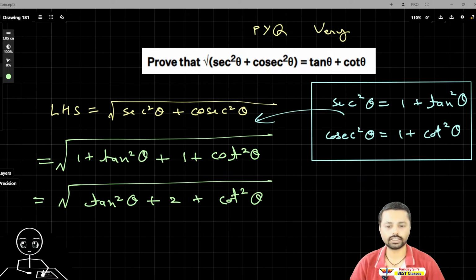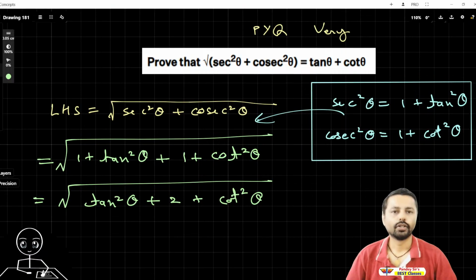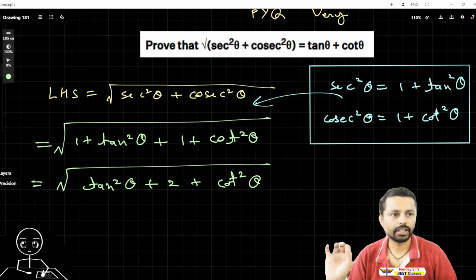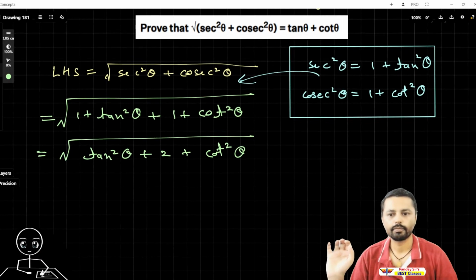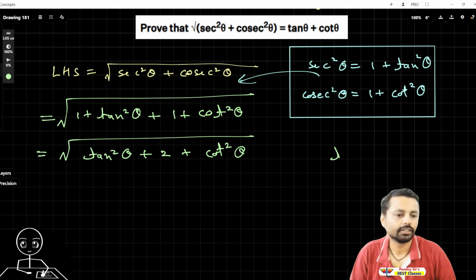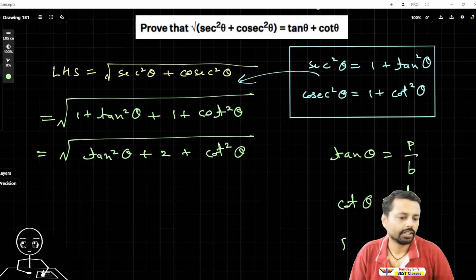How will you understand the next step or how to do it? Here comes a trick. Observe, be careful about this trick. You know what tan theta is? Tan theta equals P by B. And cot theta equals B by P. That means tan theta equals 1 by cot theta.